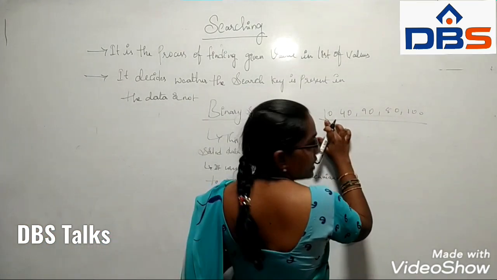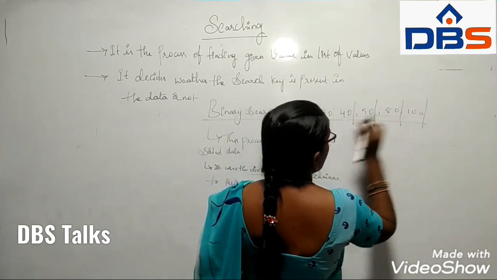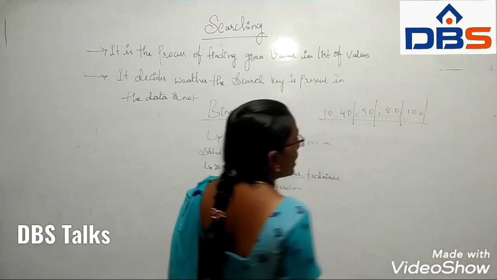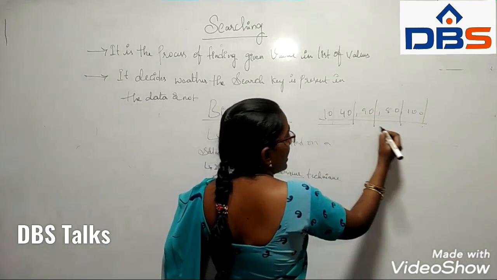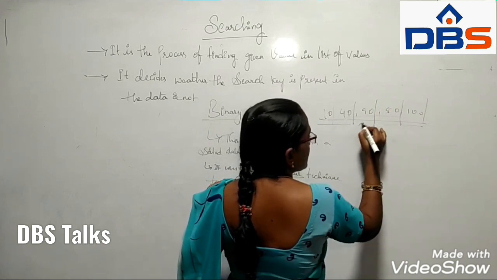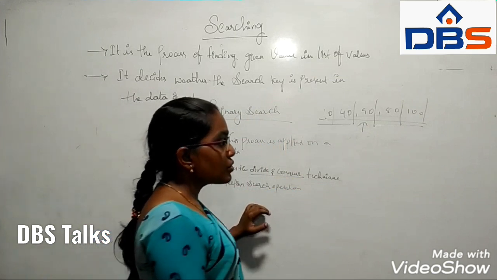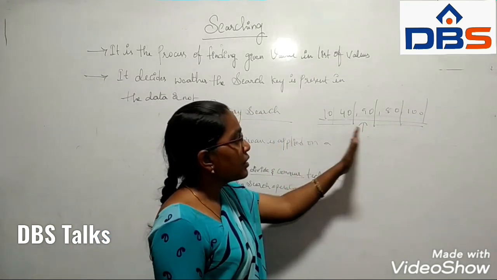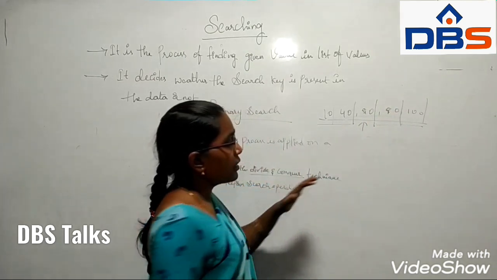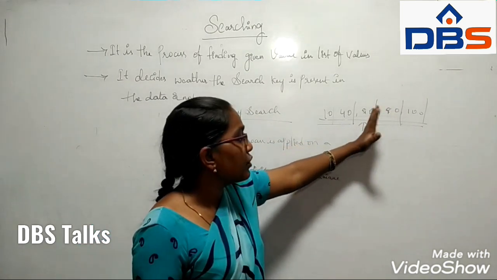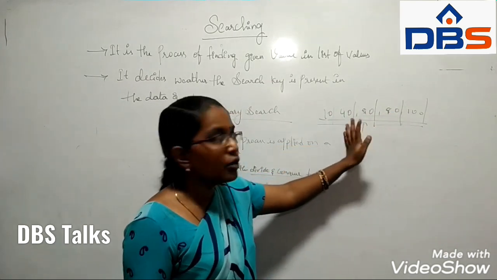See, this is the array of elements 1, 2, 3, 4, 5. This array is divided into two parts. We can consider this one as a middle element. By using the divide and conquer technique, we are going to divide this array into two parts.